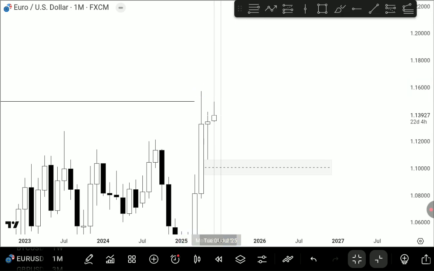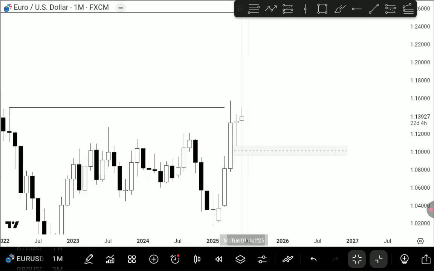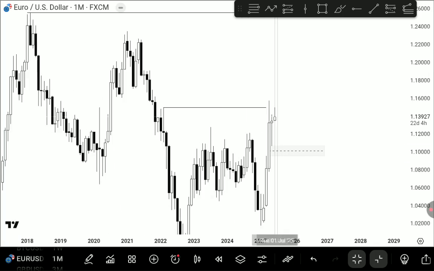However, the higher probability is for the downside. That's what I can say.